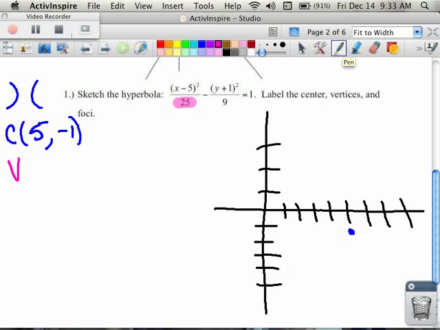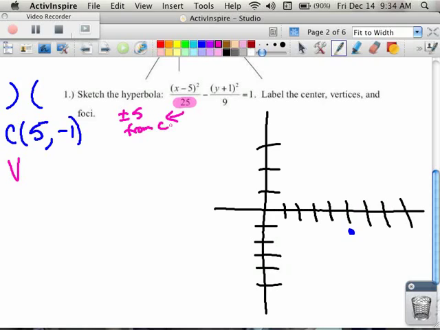And you know how in ellipses we talked about a squared, b squared, and c squared? And the bigger number was always the a squared? In this case, whichever thing is underneath the positive thing will be the a squared, or in other words, has to do with your vertices. So I look underneath the x thing, I see 25. What does that tell me? That tells me that from my center, I am going to go left and right 5 units, so plus or minus 5 from my center.